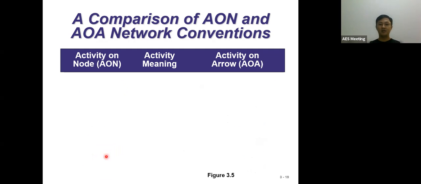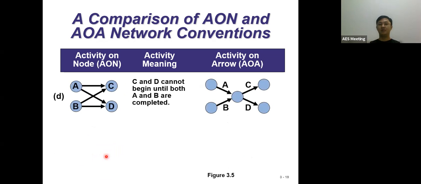Giving you further examples, we can say that C and D cannot begin until both A and B are completed. So A and B will be the initial factors, A and B will start first, and only then can we go for C and D. The way they draw this is that A completes, only then go for C; B completes, only then go for C. Same thing: A completed, only then D can continue; B completed, only then D can continue.